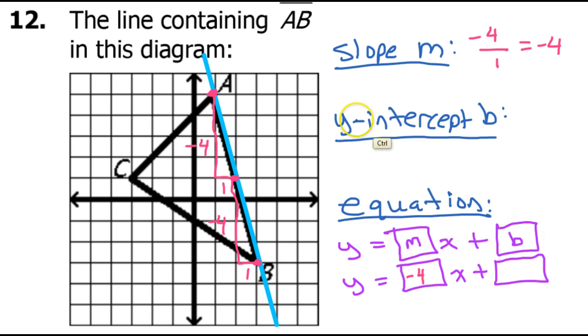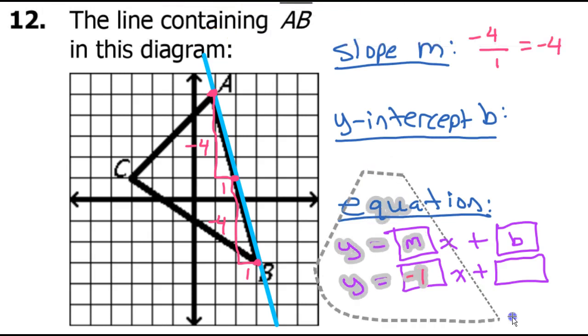Now I need the b, which is the y-intercept. This is going to be a little bit more tricky because this goes off the graph. So finding the y-intercept, I'm going to have to actually do a little bit of math here. In fact, I might move this down to make a little bit more space.